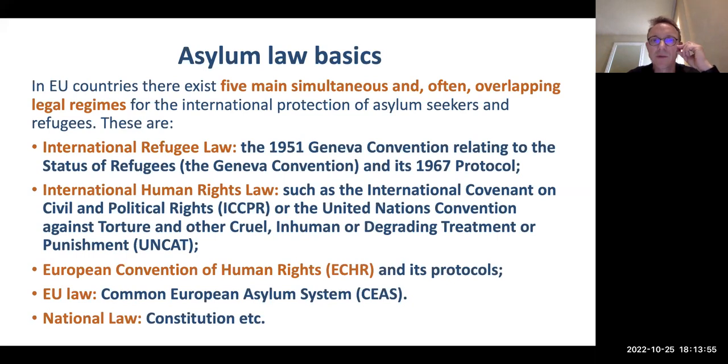We have the international refugee law, which is mainly the Geneva Convention, the international human rights law with all the different human rights instruments, the European Convention of Human Rights as a regional human rights law with its protocols, and then the Common European Asylum System, European Union law, and of course national law. All those interact in a certain way, which makes it very interesting, but also very complex.